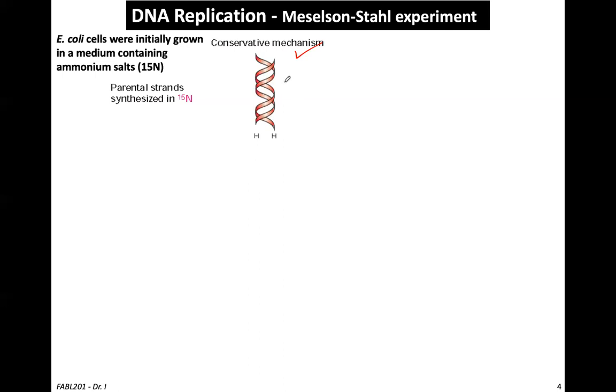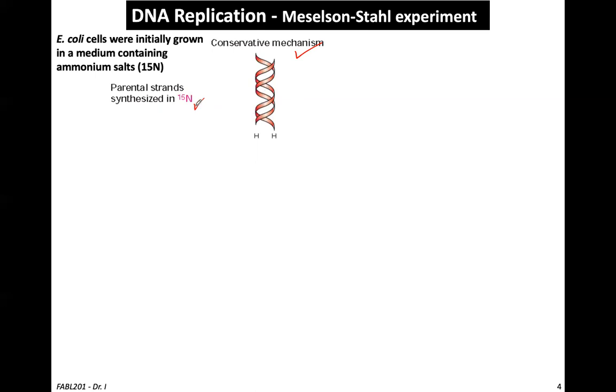If we assume that we are moving with the conservative mechanism, as we knew from the last lecture, the DNA consists of nucleotides, and these nucleotides have nitrogen. So they grew the bacteria in a medium that contains ammonium salt with heavy nitrogen, which is nitrogen with isotope 15.